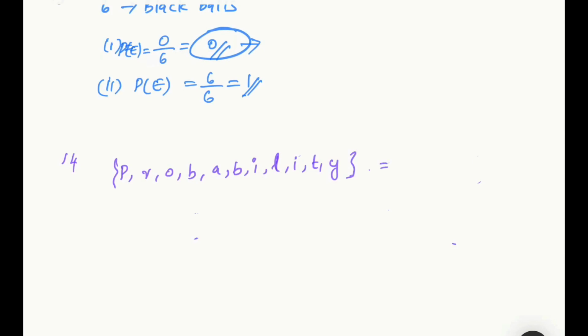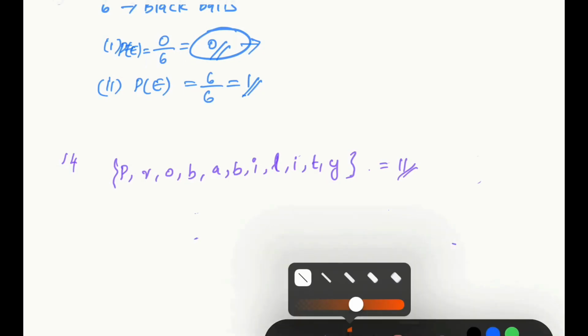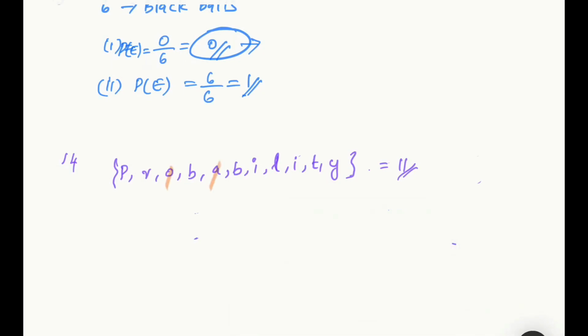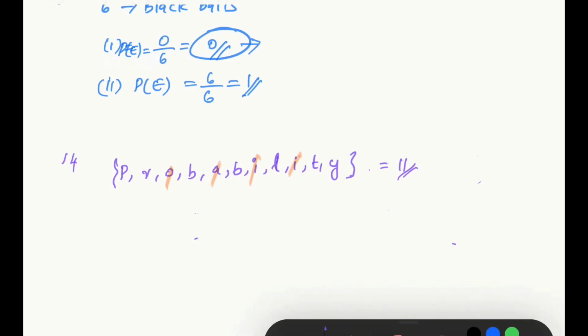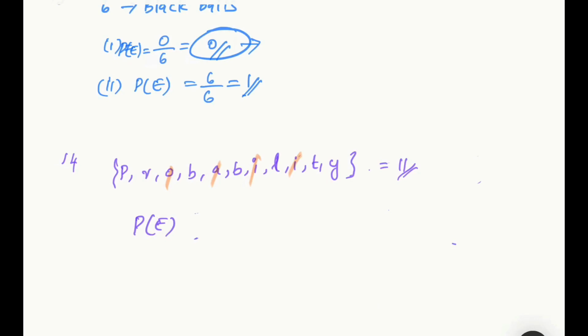So totally you have 11 possibilities. In that how many are vowels? Just check how many vowels are there. 1, 2, 3, 4. So P of E will be equal to 4 by 11. Okay, is it clear? So similar way you can complete the 15th question also.